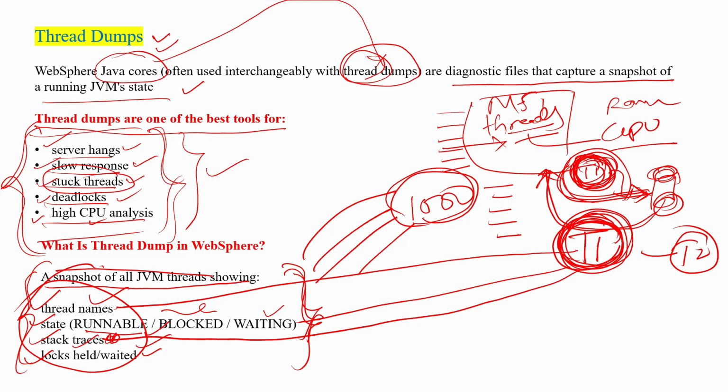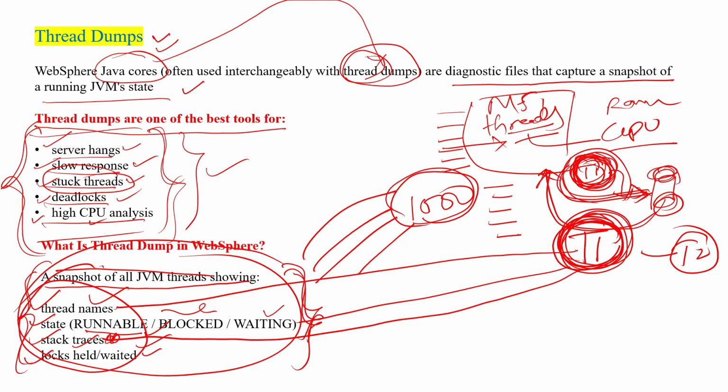That's why we take the thread dump, because it will contain this information about each and every thread. So if any thread gets hung, we can specifically look for the details of that particular thread: which thread got hung and what exactly it was doing when it got hung, so that we can troubleshoot the issue.